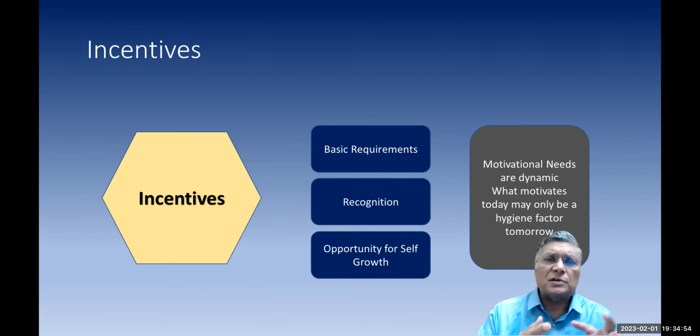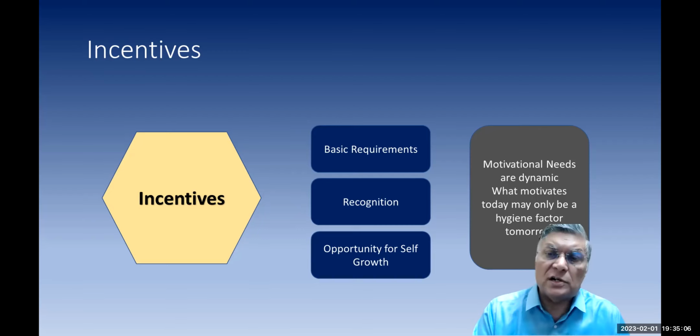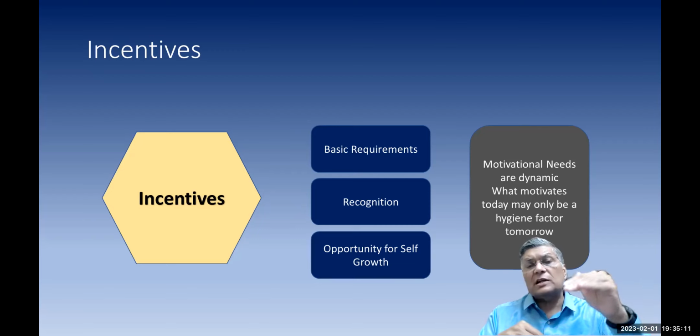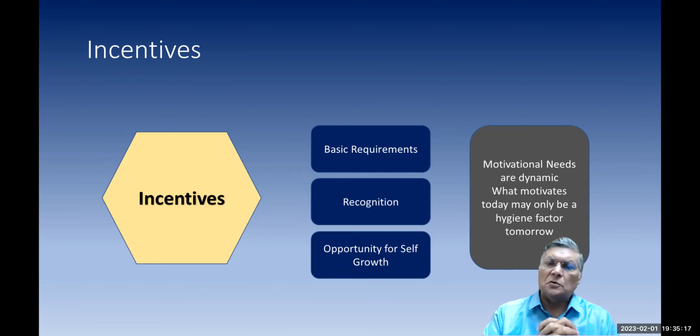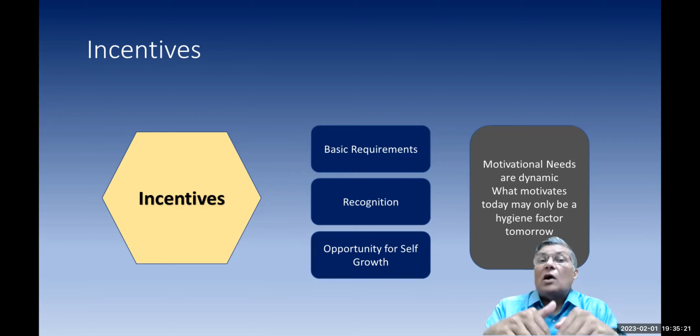What motivates a person today, 6 months from now, it may not work. Now, for various reasons, because his attitude could have changed. That's why there was another motivational theory which identified certain aspects as motivators and certain other factors as hygiene factors. What that theory said was that there are certain things which, if it is not there, it will become a demotivator.